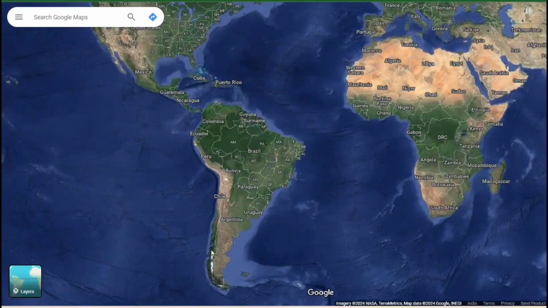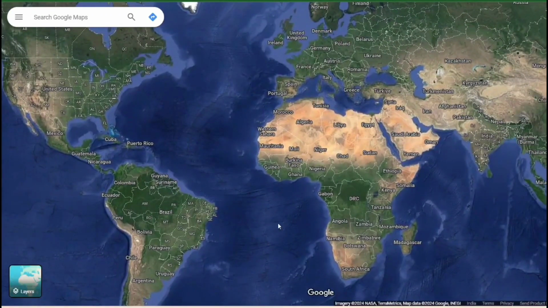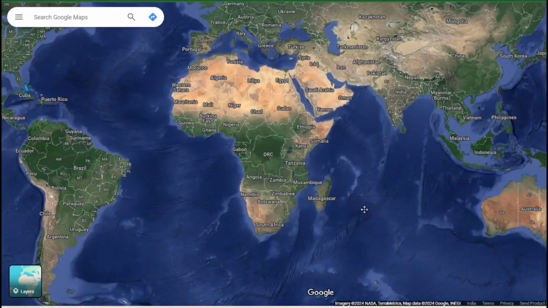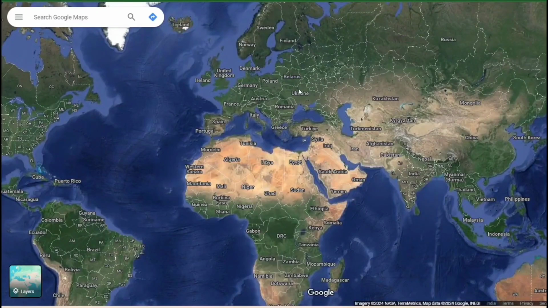Now these parts. And just see this particular part. Okay, see this part of Australia. So why these western boundaries?